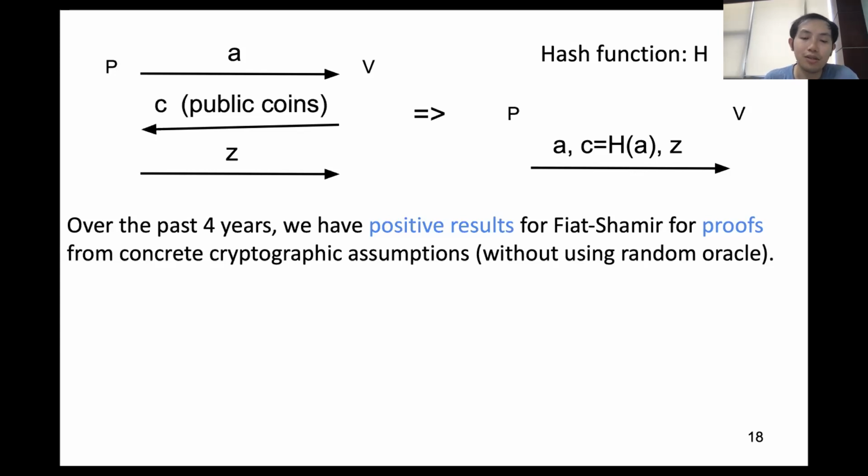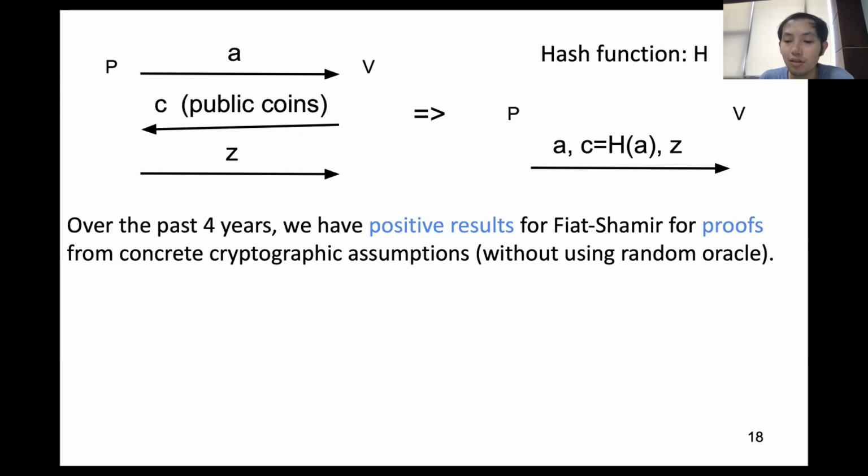So this means that we can give a concrete property for the hash function and say we can build a hash function with such a property from some kind of assumptions that are falsifiable, and also such a property of the hash function is sufficient to imply Fiat-Shamir for some protocols.